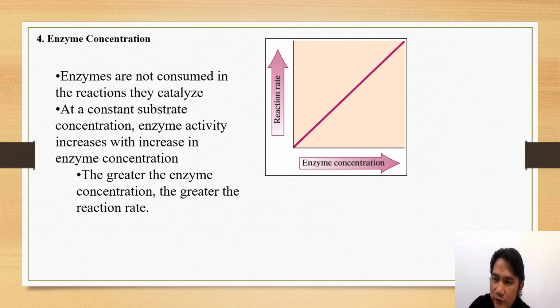Here in this graph, it illustrates the effect of enzyme concentration. Earlier, in the previous graph, we have seen that when enzymes are saturated, if you add more substrate, there will be no conversion into products because the enzymes are already saturated.